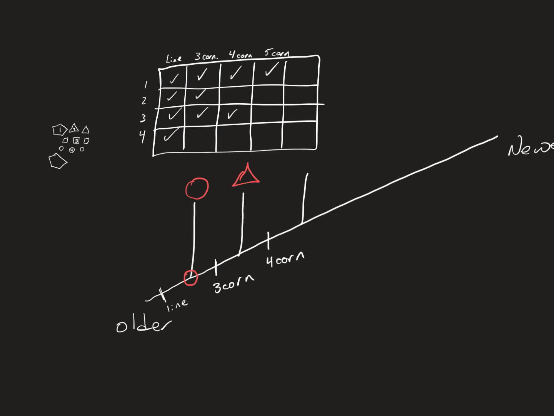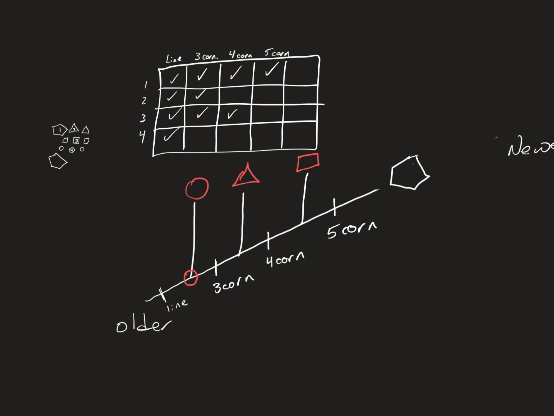And again, through many evolutionary steps, you end up with a square. And finally, and you can draw these in many different ways, at the end you have the development of five corners, and you end up with the pentagon.